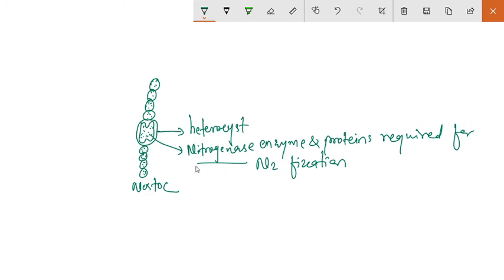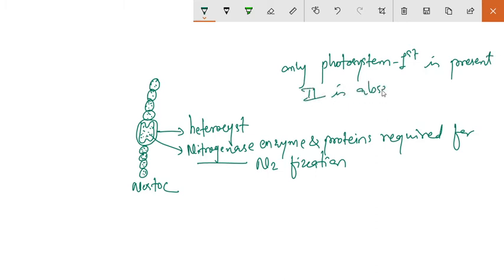Okay, so to protect this nitrogenase enzyme in the heterocyst, only photosystem first is present. The second is absent, which is responsible for the release of oxygen.